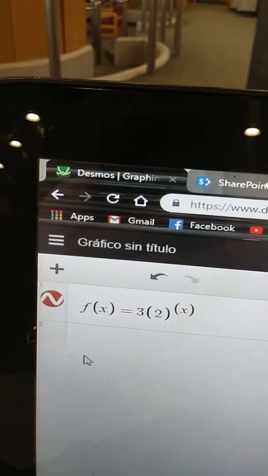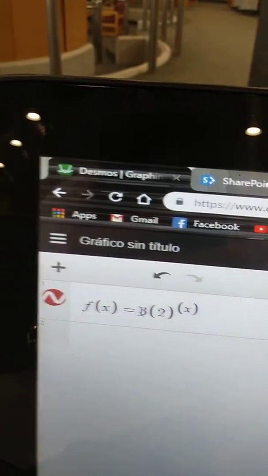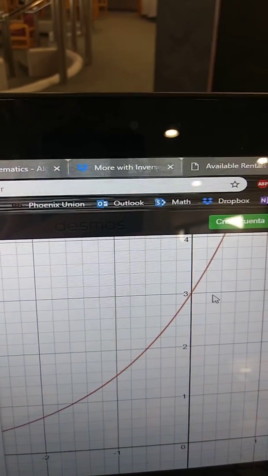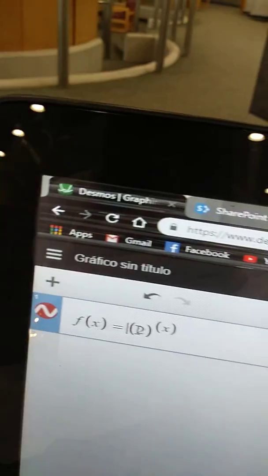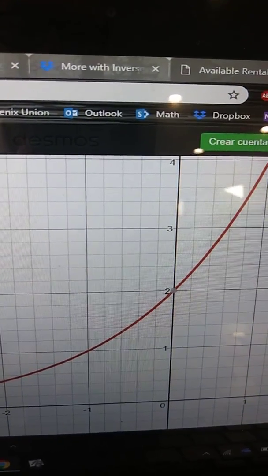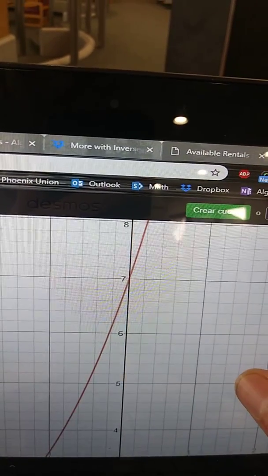Whatever this number is, that's where your y-intercept is going to be. Now let's make it 2. That means my y-intercept should be at 2. There it is, at 2. Let's make it 7. That means my y-intercept should be at 7. There it is.